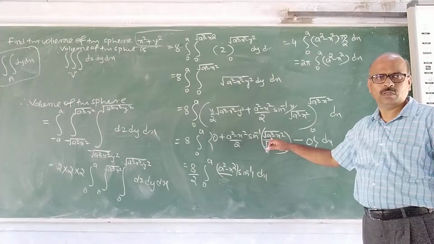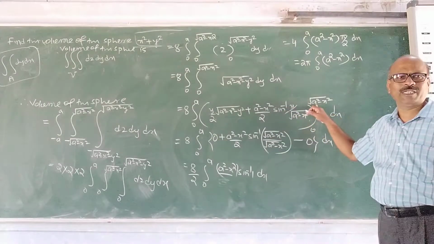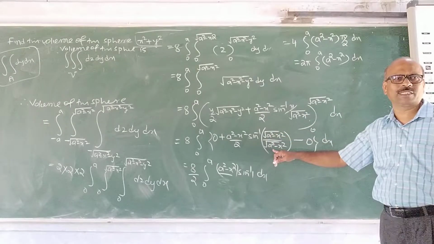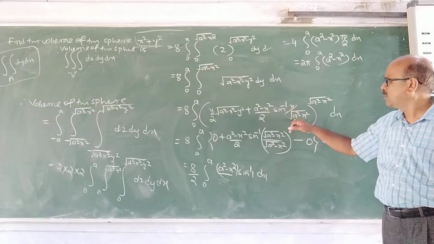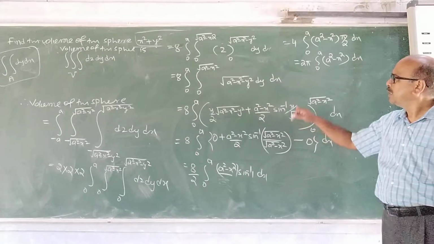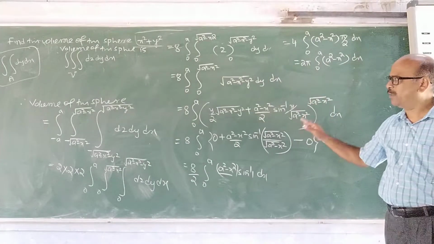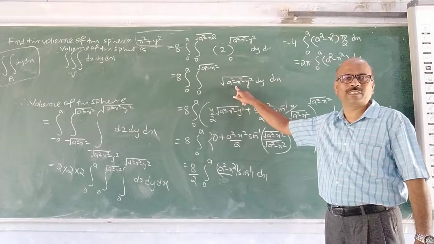Root. Sin inverse y is root a square minus x square. Root a square minus x square, root a square minus x square. Y by root a square minus x square, not x by a here. Not a square, x by a. What is a? A is root a square minus x square.